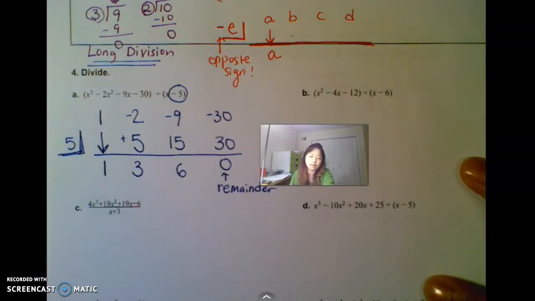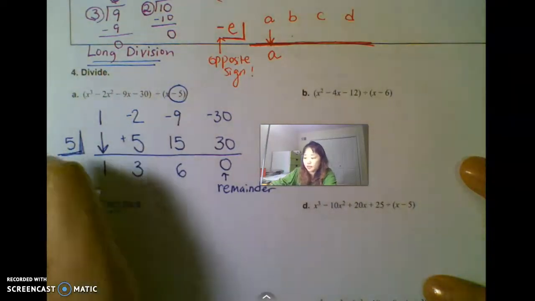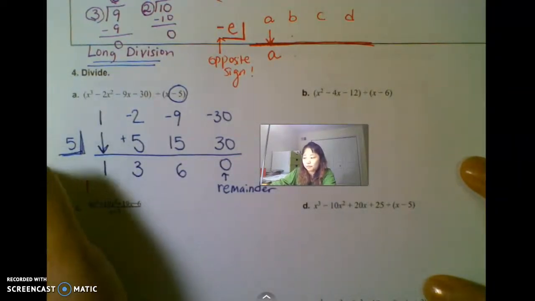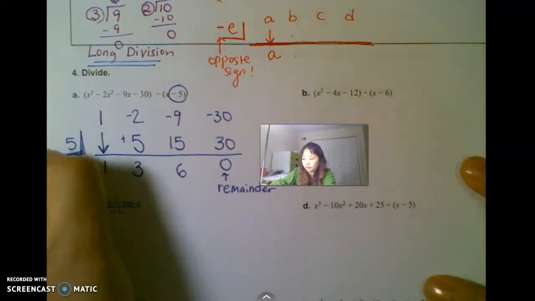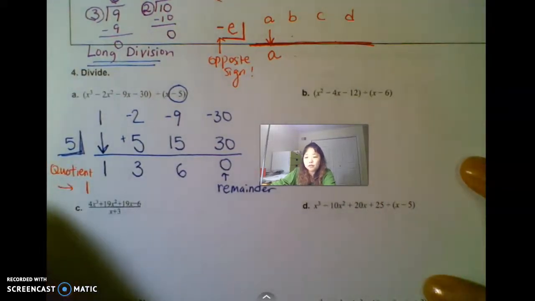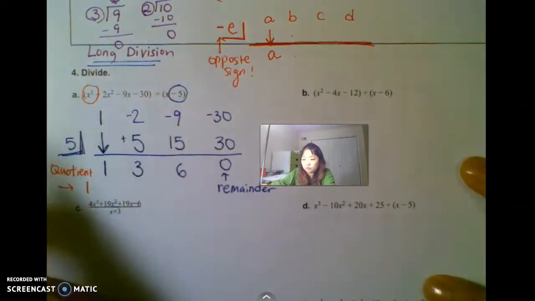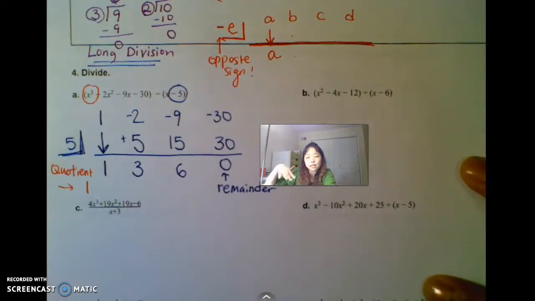That's weird, right? 1, 3, 6 are just the coefficients of the factor. So here's how we do it. You get 1, right? When you write this part, we'll call it the quotient because it's the leftover part of what you divided. If you start with the x cubed, you always lower the exponent by 1.